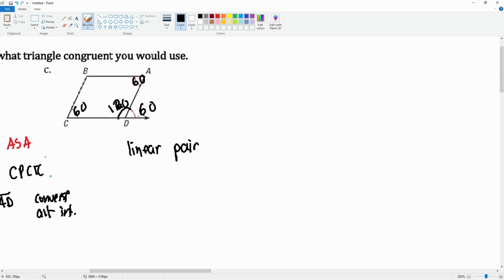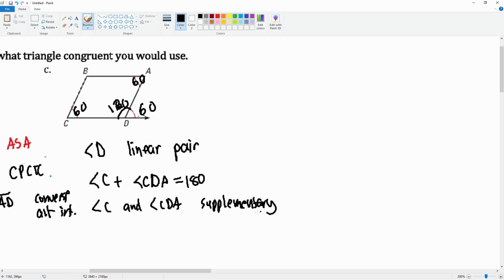Once I get this, I can get angle D by linear pair. Okay. Once I get linear pair, I can say angle C plus angle D, which is angle CDA, adds up to 180. This is because then angle C and angle CDA are supplementary.